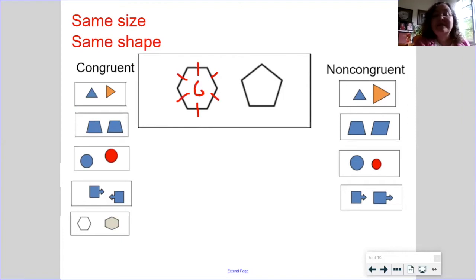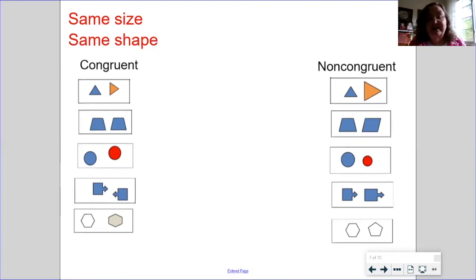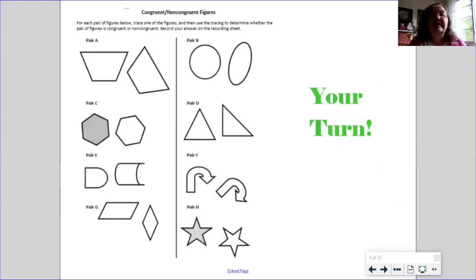This one has 6 sides, and 1, 2, 3, 4, 5. This one has 5 sides. So are they the same size and same shape? No. We would put that as non-congruent.